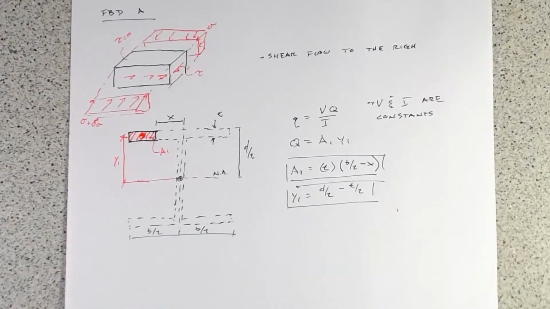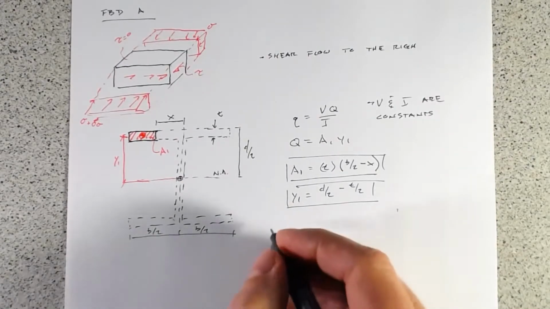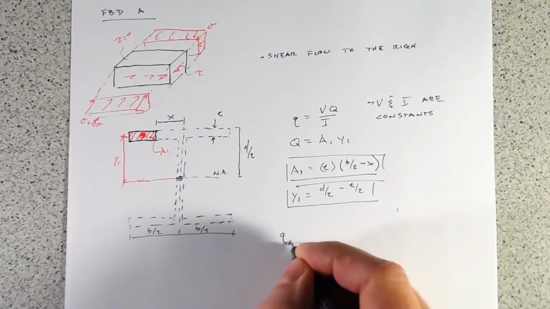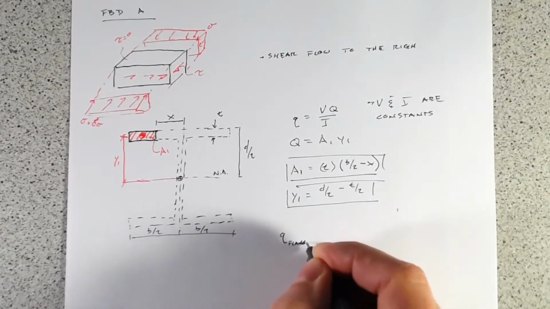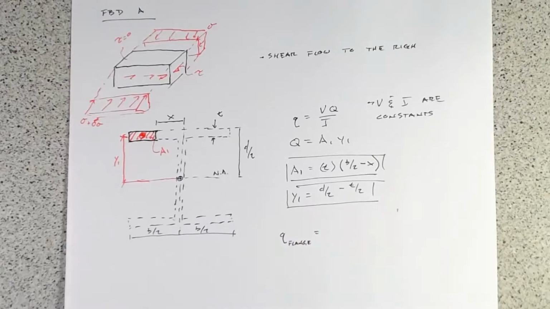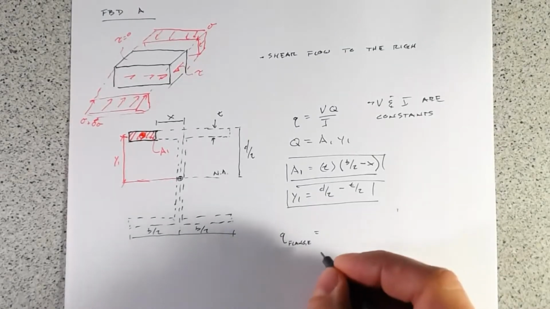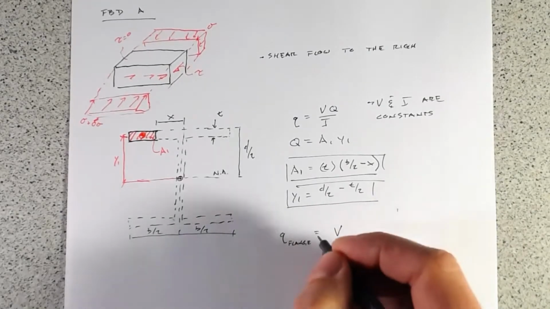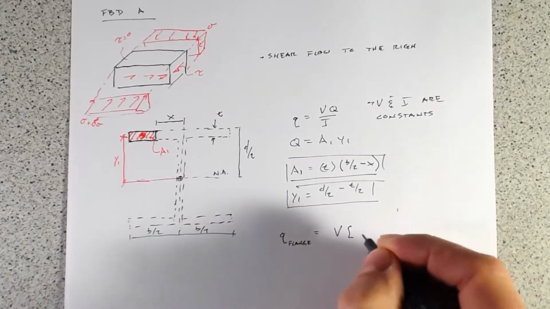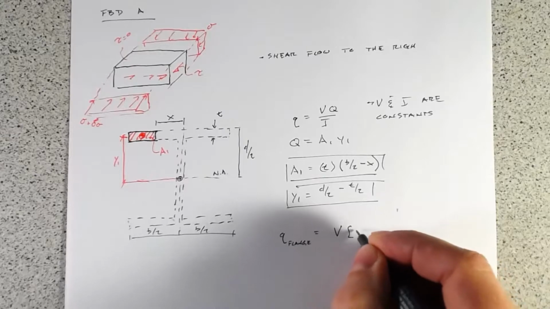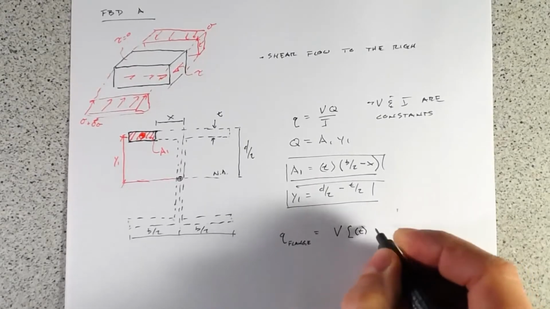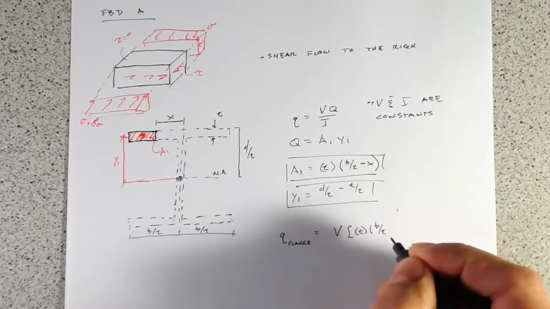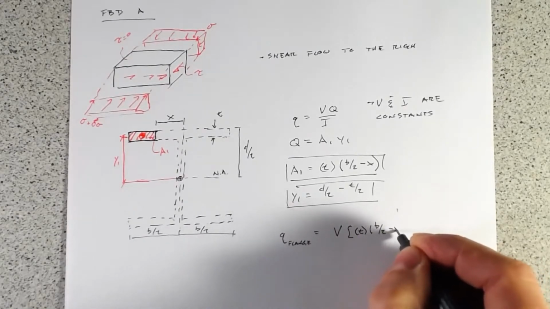So if we put all of this together, we get Q of the flange equals our shear force V times T times B divided by 2 minus x.